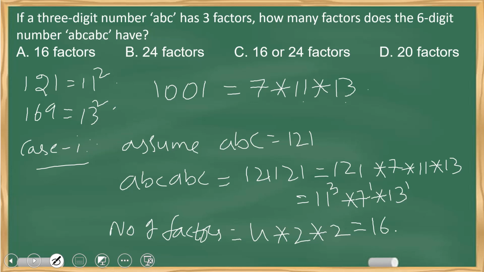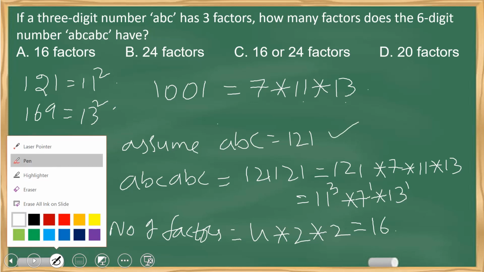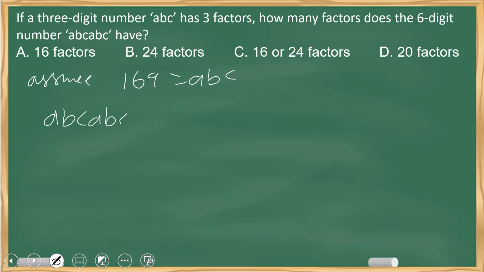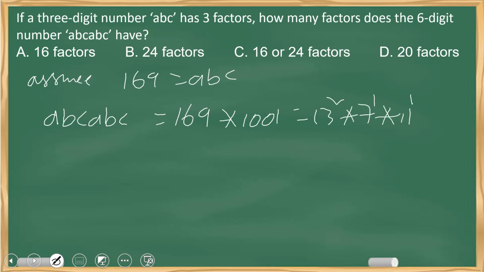And this is not the only answer here. Please understand that. Now we have taken 121 as an example. Now we'll take the other one. Assume 169 is ABC. Now ABCABC will become what? 169 into 1001. That is equal to 13 square into 7 power 1 into 11 power 1 into 13.